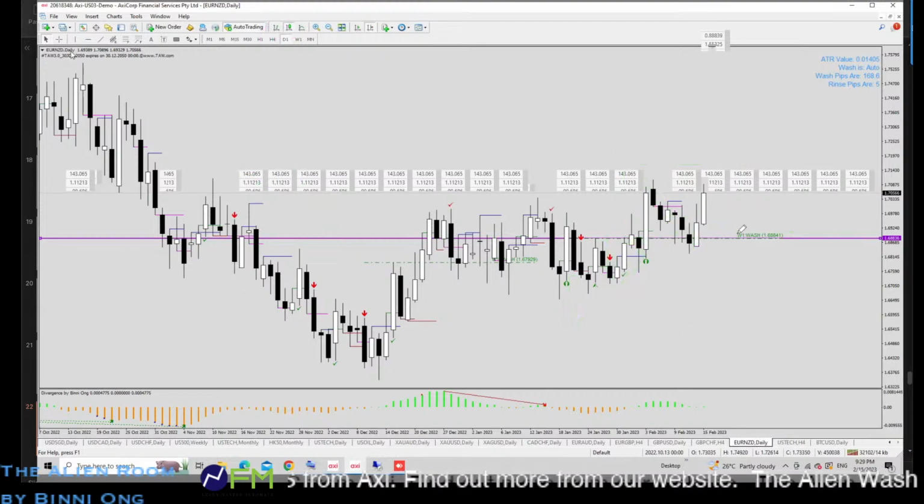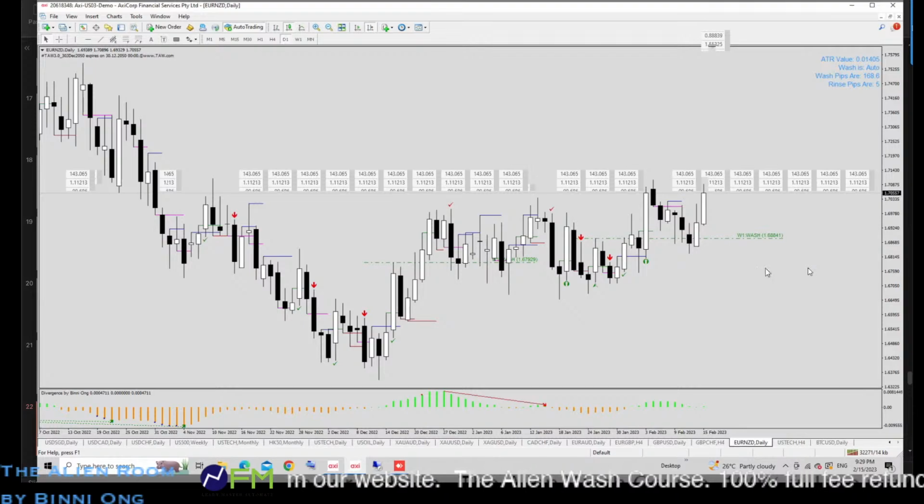Okay, likewise, for example, this is a green wash line here. Anything that's above it, is it bullish or bearish?